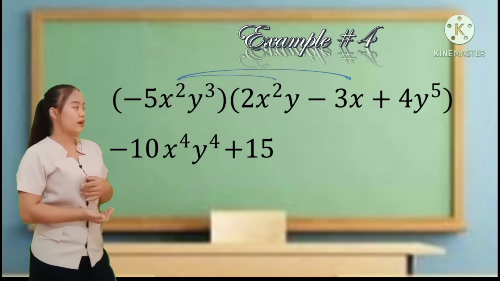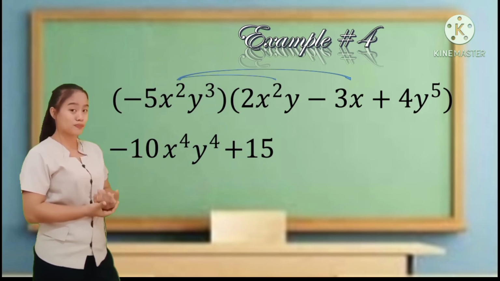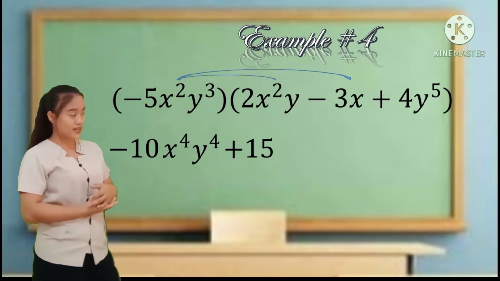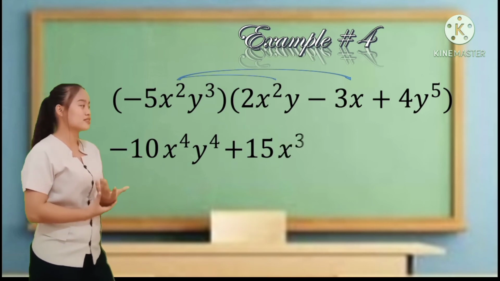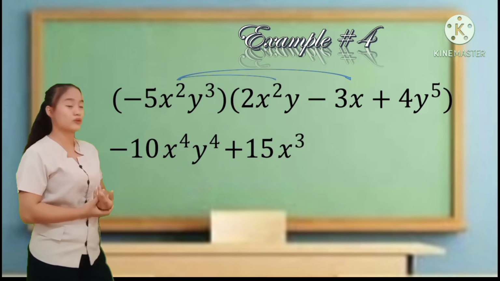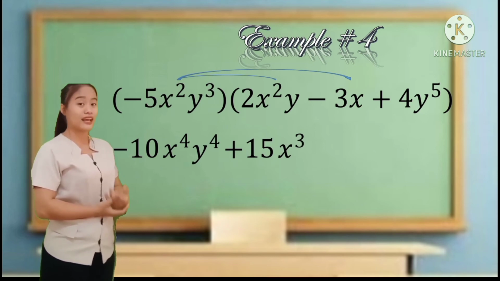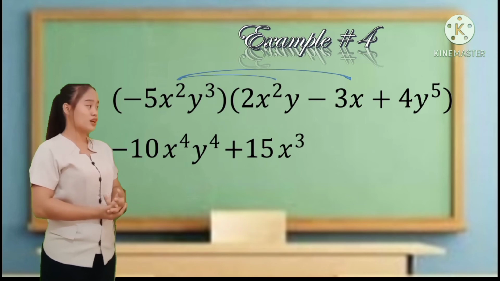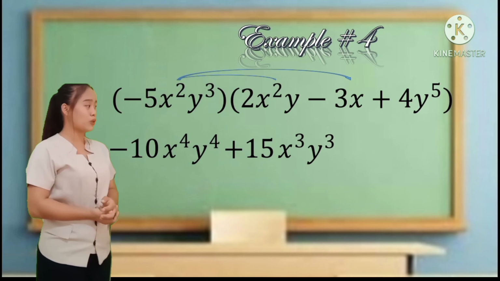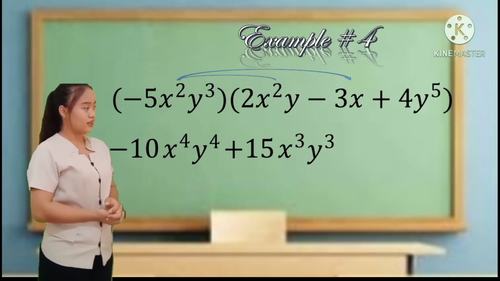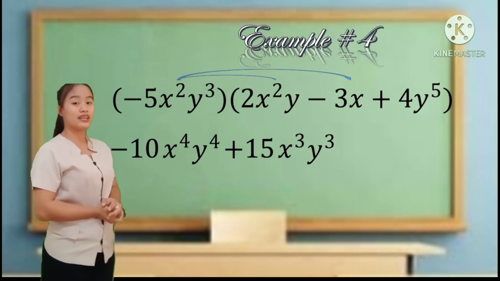Then add the exponents of x of the same base: x squared times x is x raised to 3. Then copy the other variable, because the y doesn't have the same base, so it's only y cubed. So we have 15x cubed y cubed.